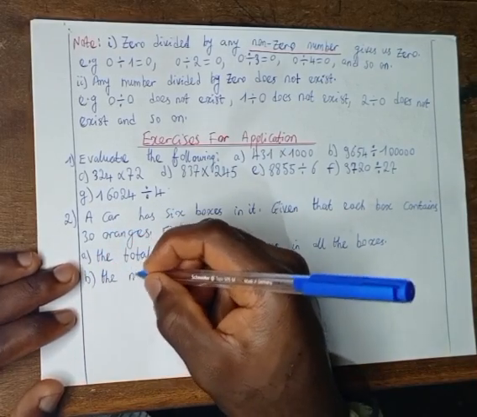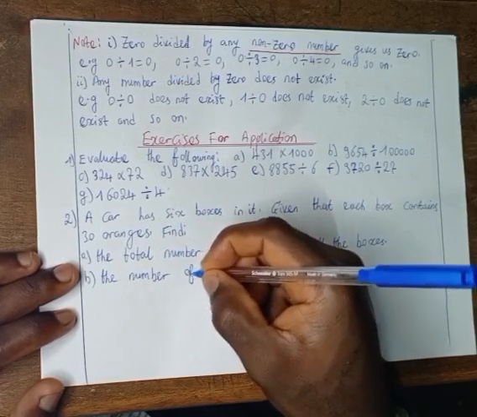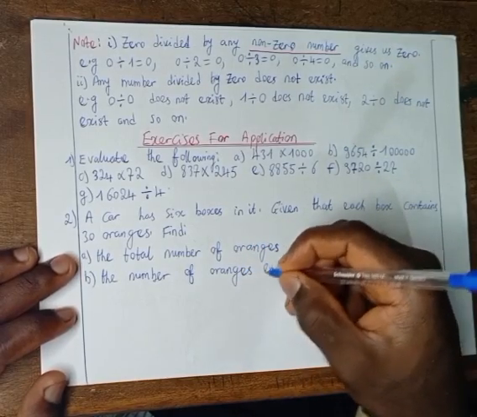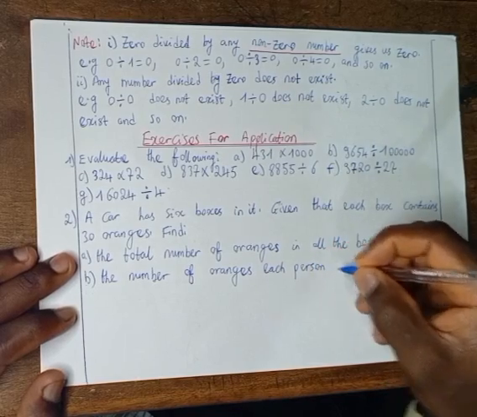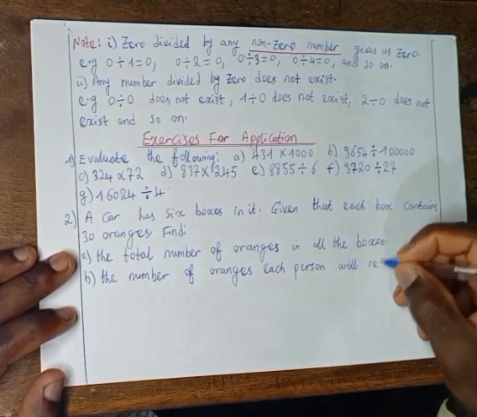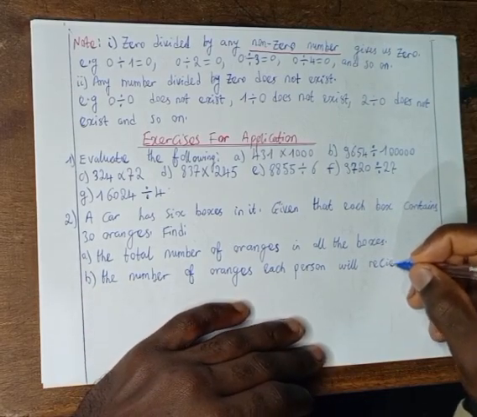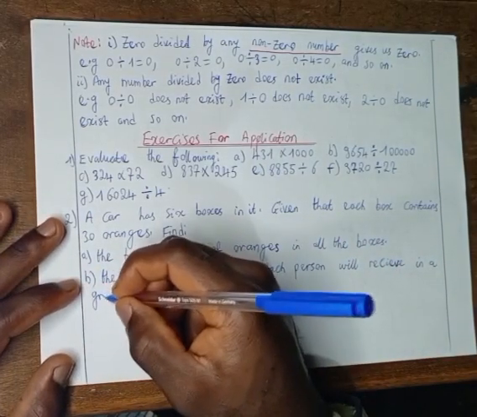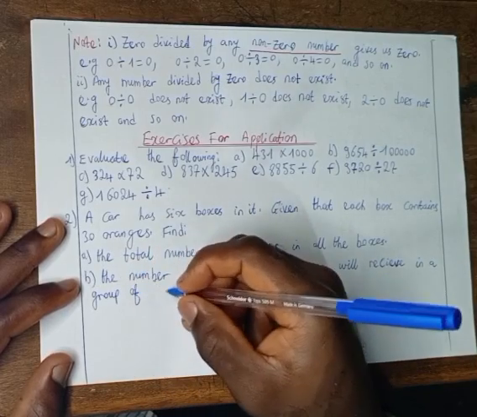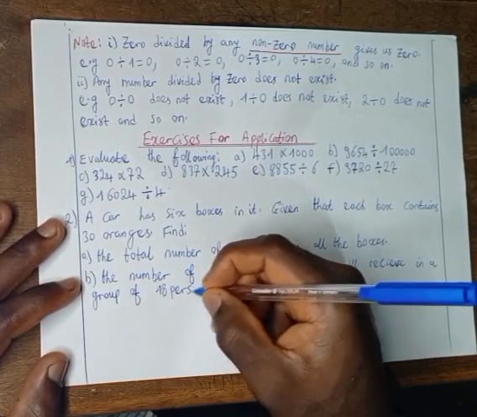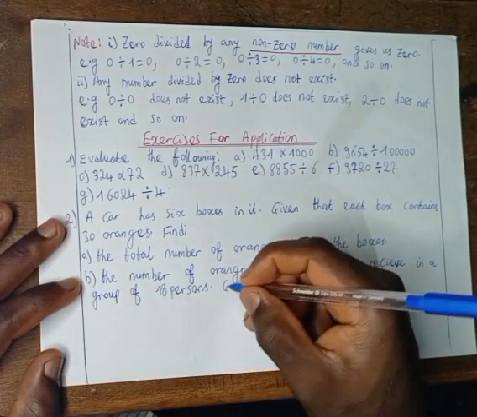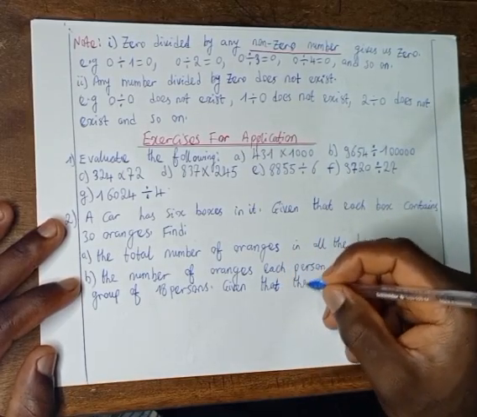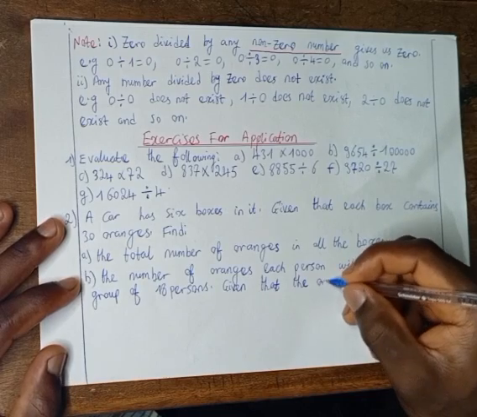Then question B, the number of oranges each person will receive in a group of 18 persons, given that the oranges are to be shared equally.